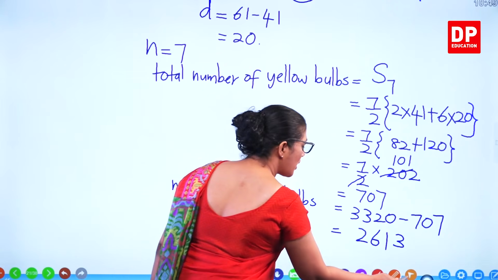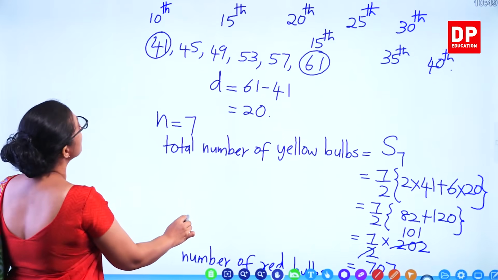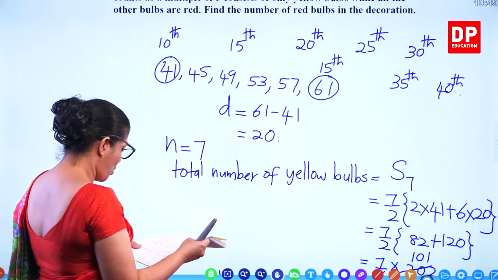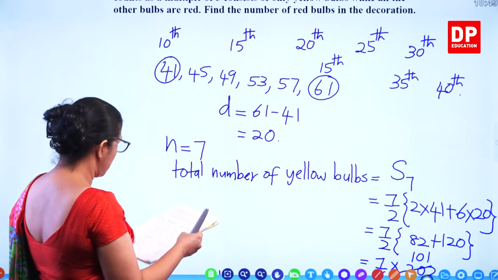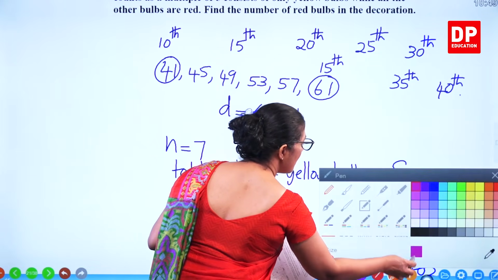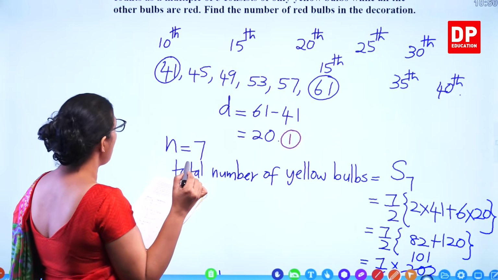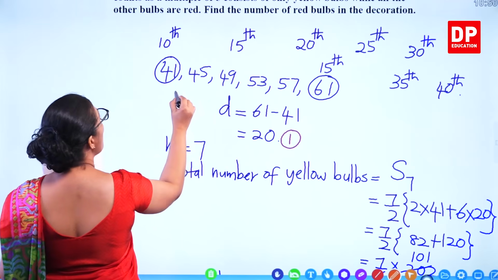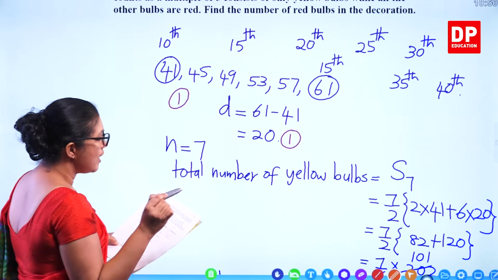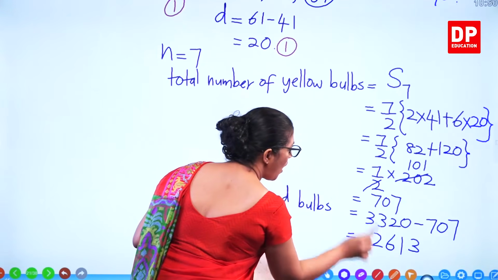Now we'll see how you can get marks. For part 4, you get 1 mark for identifying d equals 20 and another 1 mark for identifying 41 in this sequence properly. So 2 marks there. Finding the number of yellow bulbs, 707, is 1 mark.